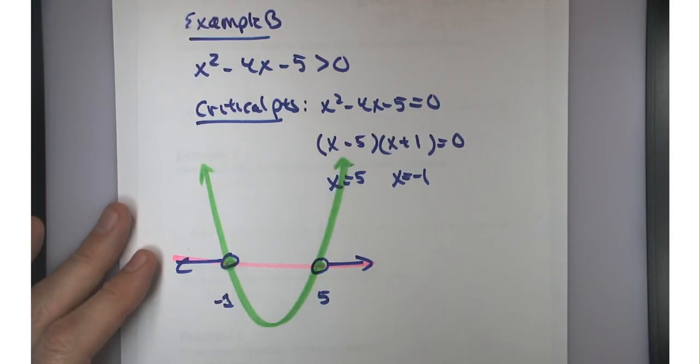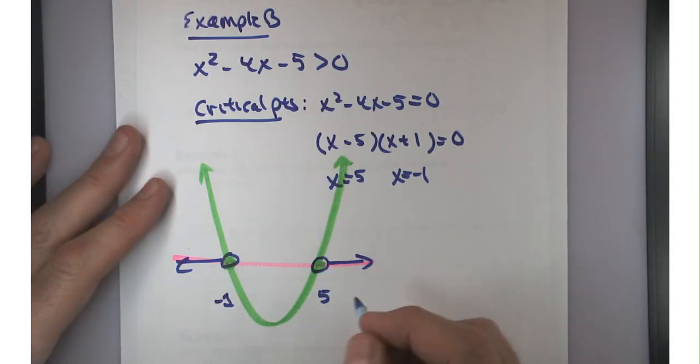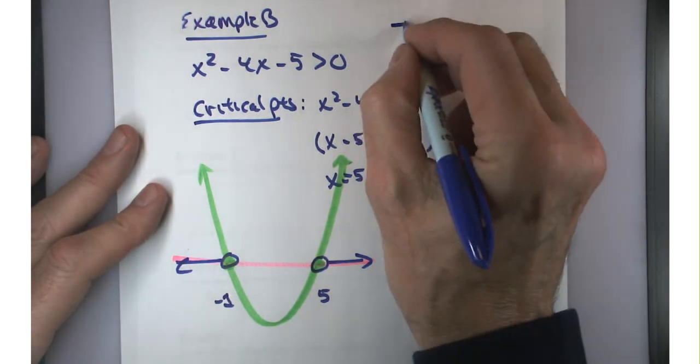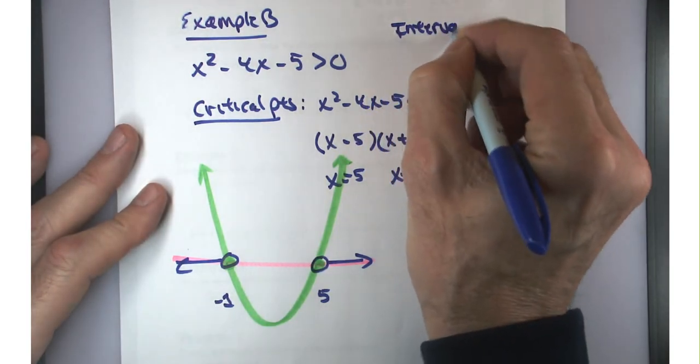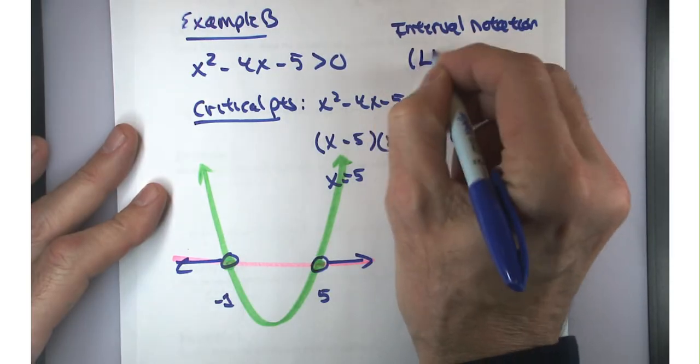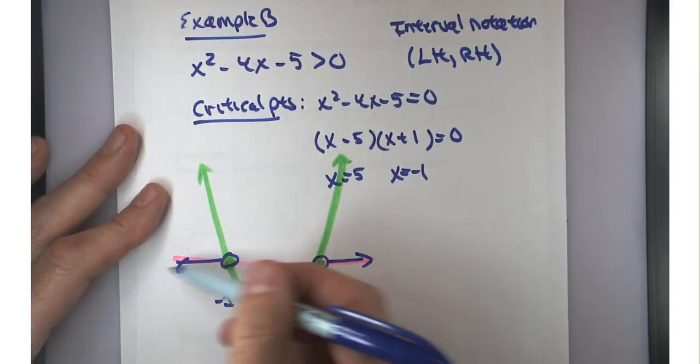Now, how would I write that in terms of an interval notation? Well, let's work with this interval first. Remember, interval notation is always your left-hand endpoint and then your right-hand endpoint. What's at the far left end of this interval?